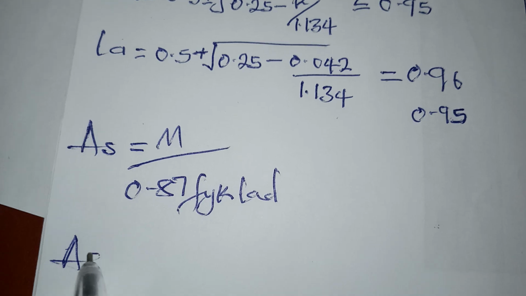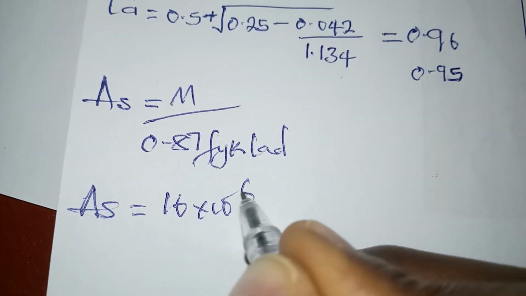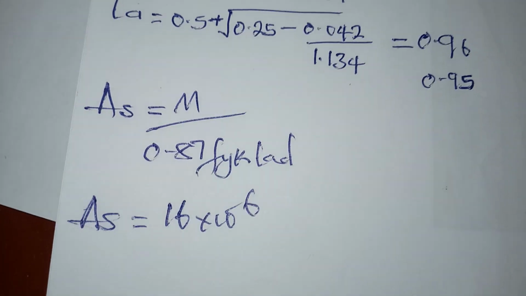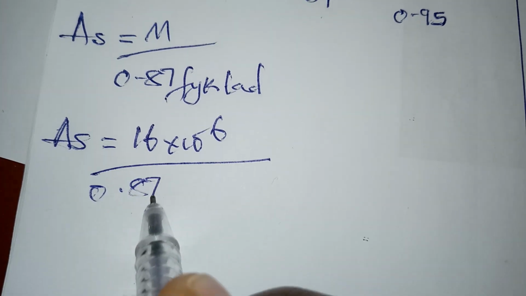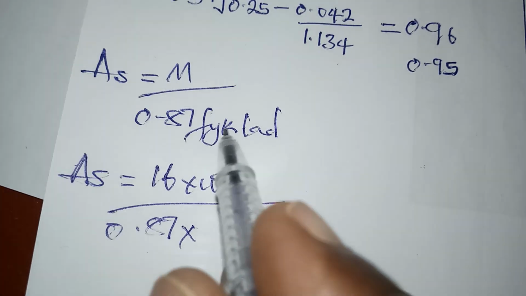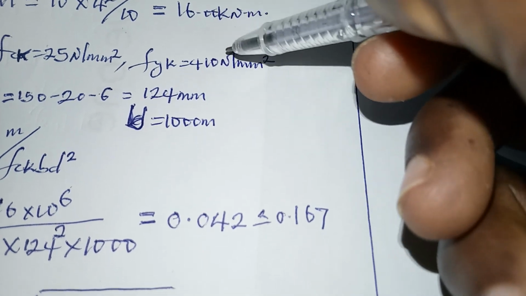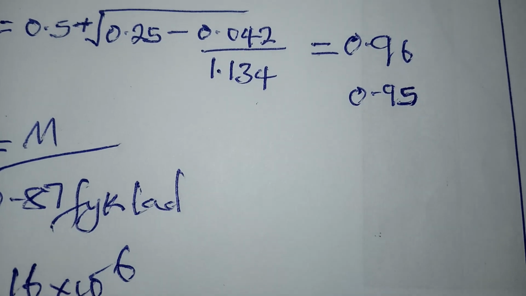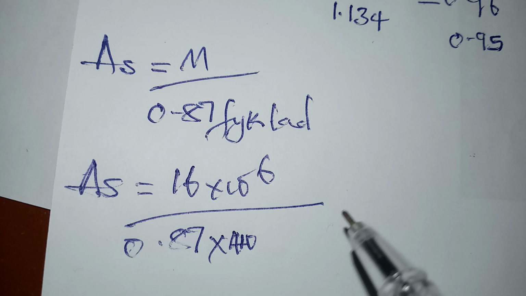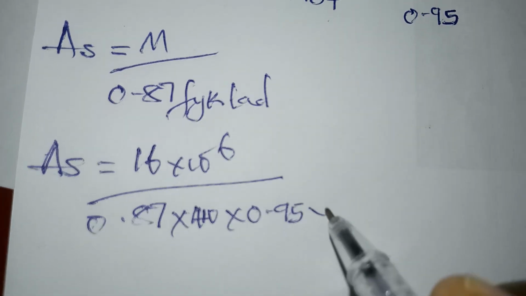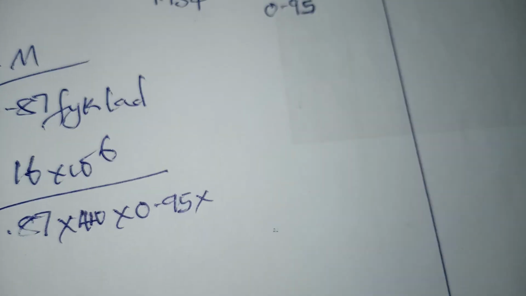As is equal to our moment, 16 times 10 raised to the power 6, all divided by 0.87 multiplied by our fyk, which was 410 Newton per millimeter square, and then our lever arm 0.95, then our depth d, which we calculated earlier to be 124.